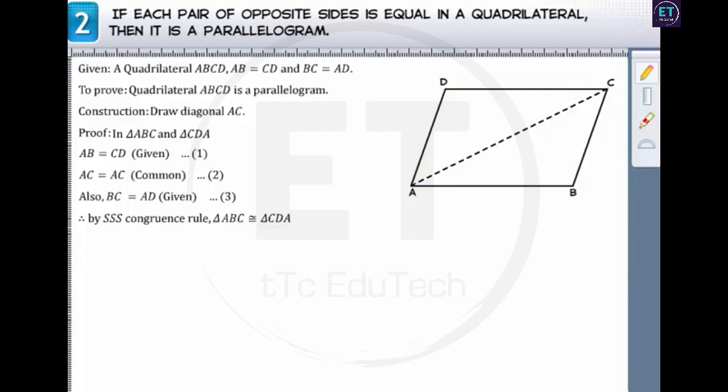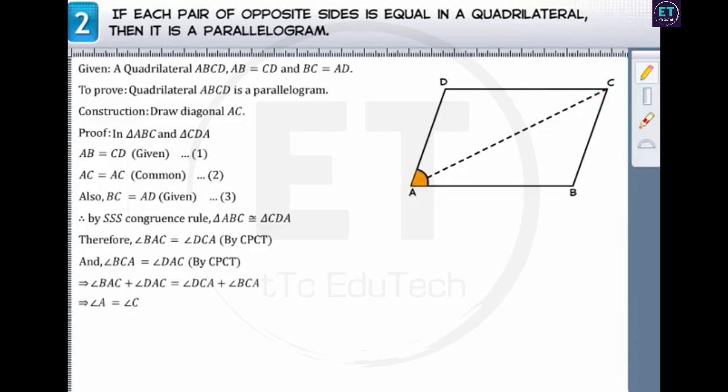Now, since the corresponding parts of congruent triangles are equal, angle BAC is equal to angle DCA, and angle BCA is equal to angle DAC. On adding, we get angle A is equal to angle C. Also, angle B is equal to angle D by CPCT.